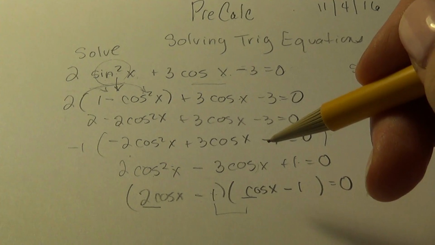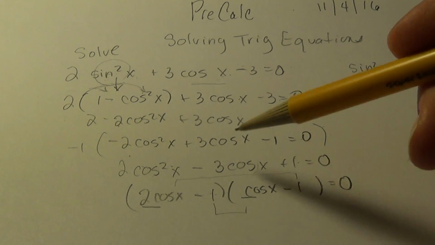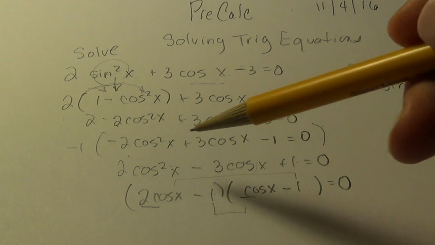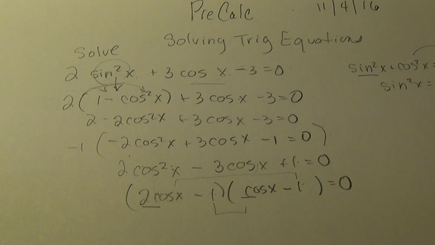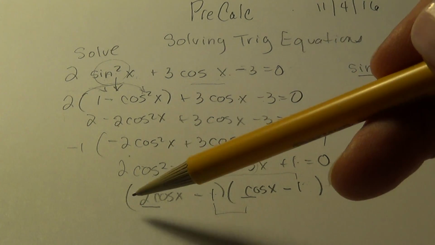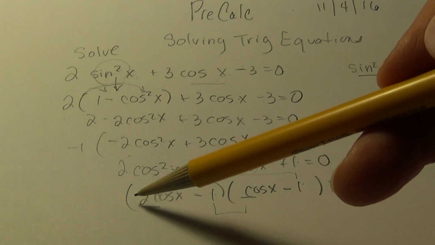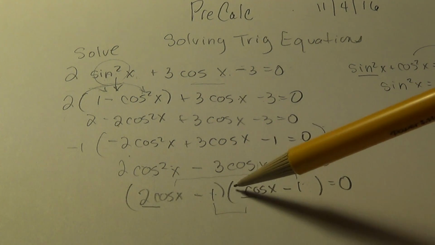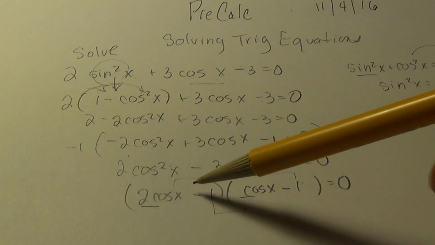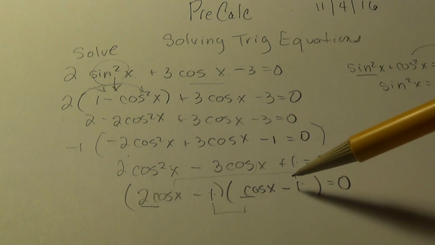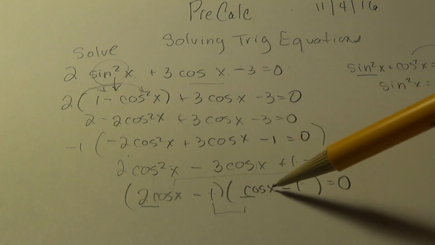And checking the inner terms and the outer terms and adding their products, we get a minus 1 cosine x and a minus 2 cosine x. So that gives us minus 3 cosine x. So once we have factored it, and the whole reason we factor it is if something times something equals 0, then either the first factor equals 0 or the second factor equals 0, or both.